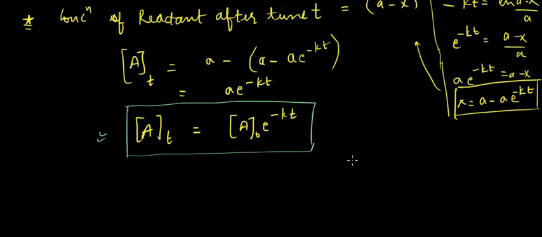So theoretically, after infinite time, we can say that the concentration of A is 0, or the time of completion is infinite. Theoretically. And why I am saying this, because when you put t equals infinity, then e to the power minus infinity will become 0, and then a will become 0.